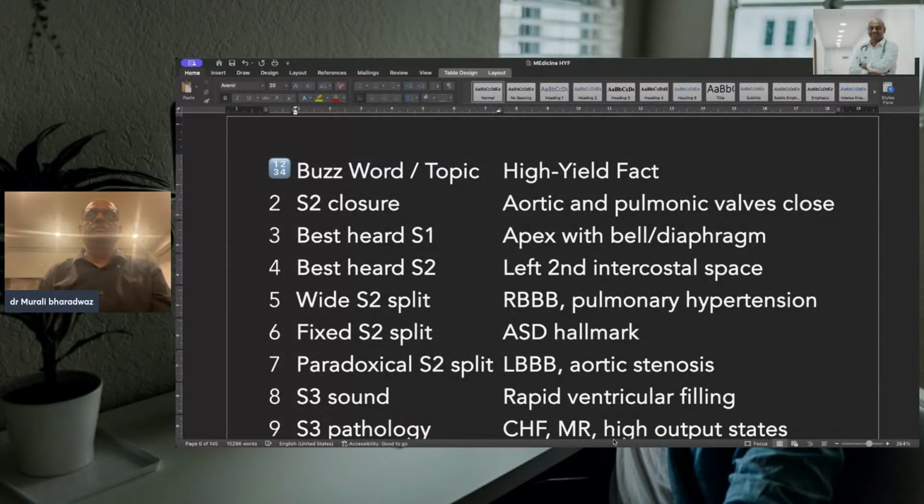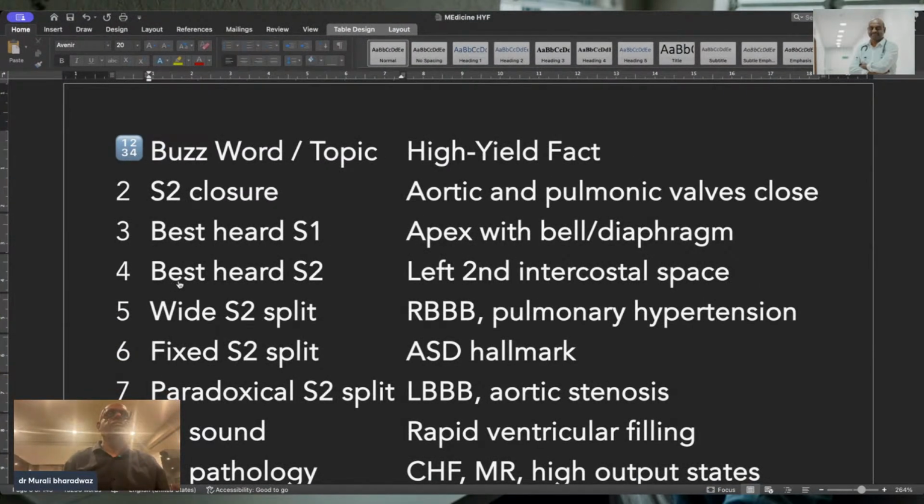I need to come out of this view. Is this the layout, sir? Okay. Got it, right? Yes.